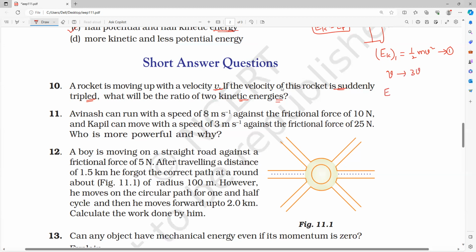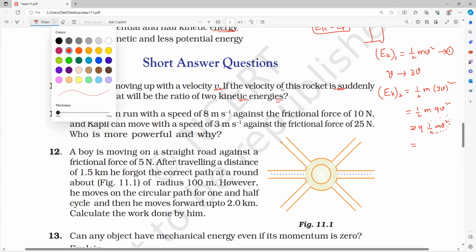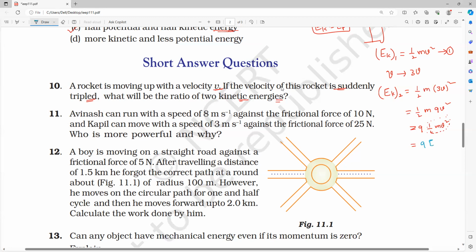So the final kinetic energy is half into m into 3v square. 3 square is 9, so 9 comes in front of half m v square. Half m v square is EK1, so this is EK2. Now they are asking for the ratio EK1 divided by EK2.